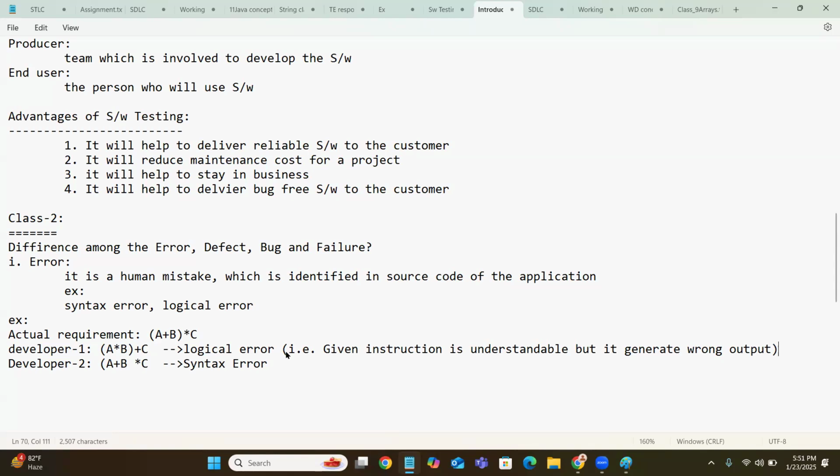Given instruction is understandable, but it will generate a wrong output.